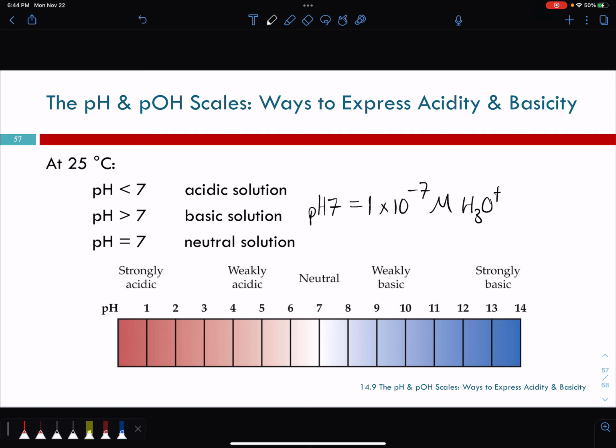So if pH 7 is 1 times 10 to the negative 7, pH 6 is 1 times 10 to the negative 6. So this mirrors the concentration. That's why a lower pH is a more acidic solution, because this concentration is increasing.